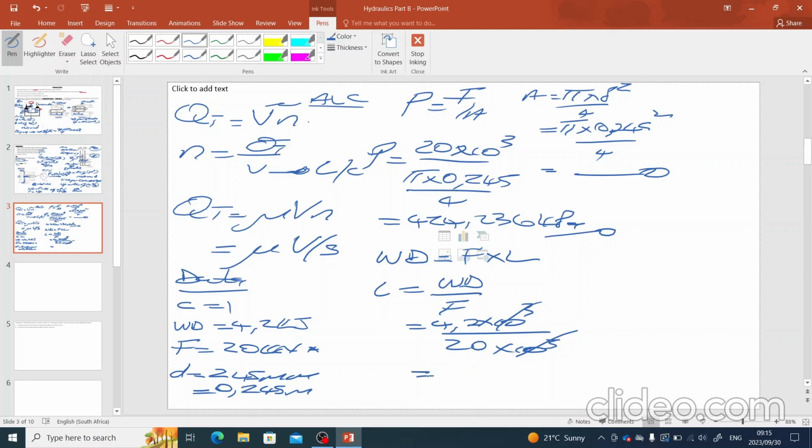Then our stroke length would be 0.21 meters, and that would be 210 millimeters. Then the third question: they want us to calculate the volume of water delivered per working stroke.